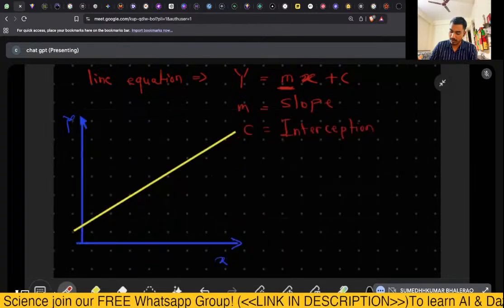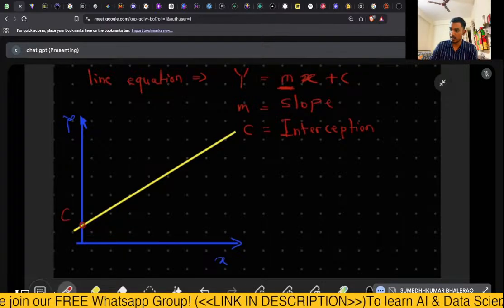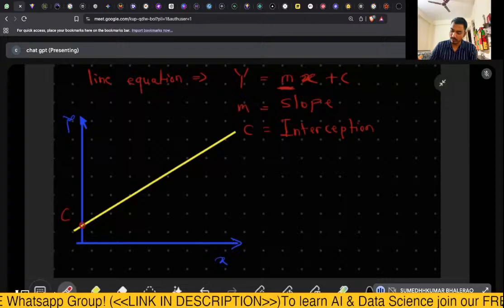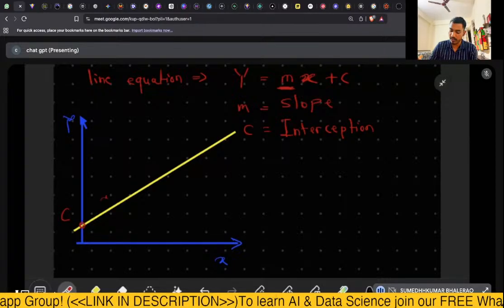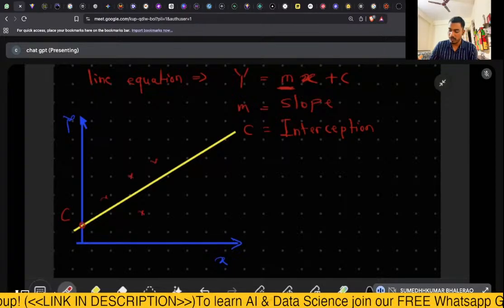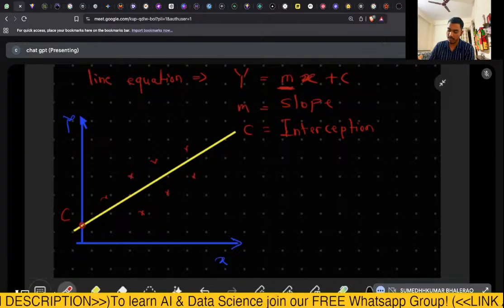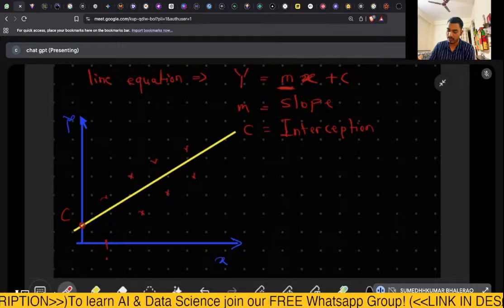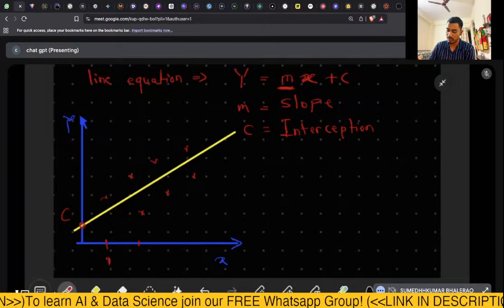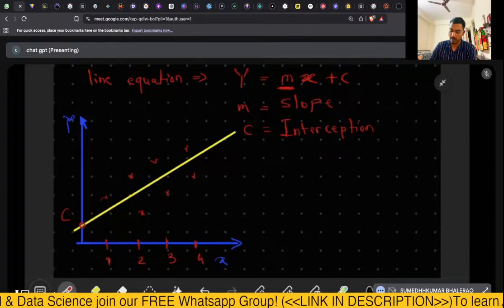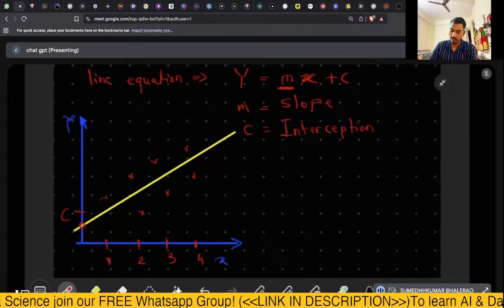This will be your C, your interception, and there will be thousands of points everywhere. So how is the slope calculated? Let's say here this is one, two, three, four, and this is also one, two, three, four.